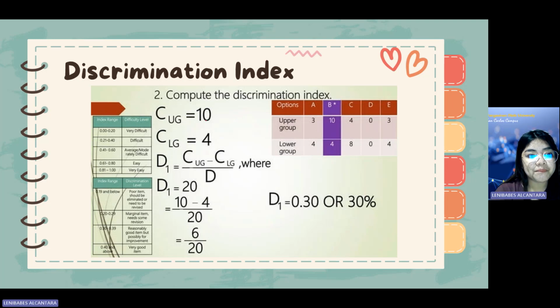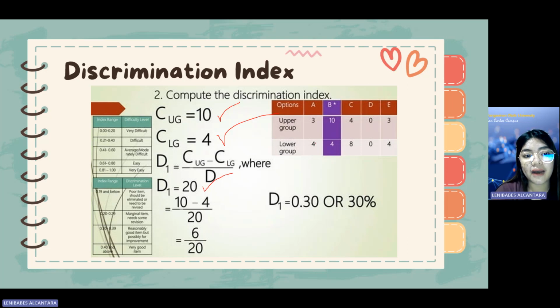If you can notice here, the students from the upper group who got the correct answer are 10 and lower group 4 naman. So, of course, discrimination index is CUG minus CLG over D, where D is 20. Bakit 20 po, ma'am?